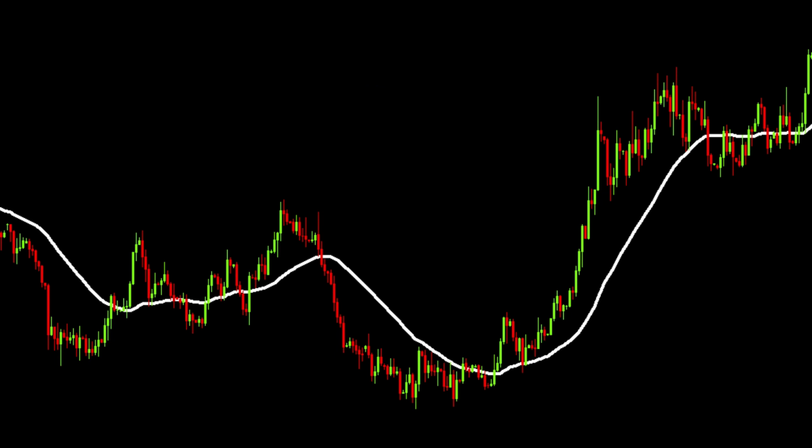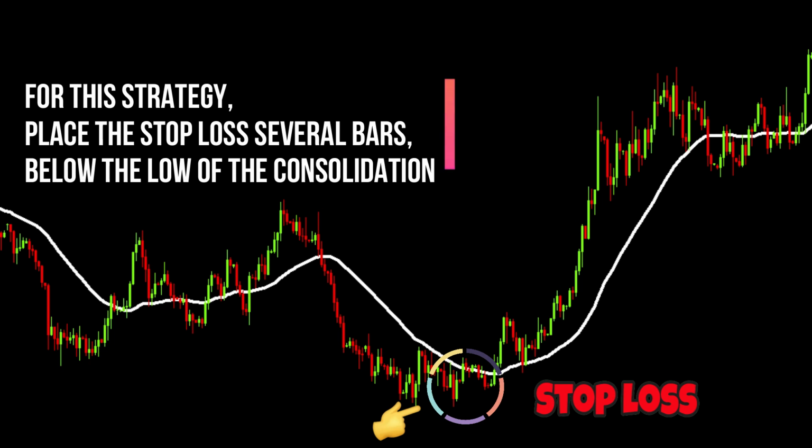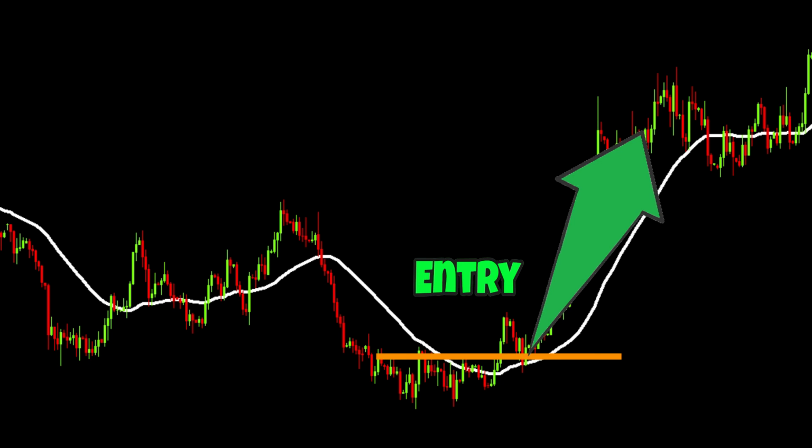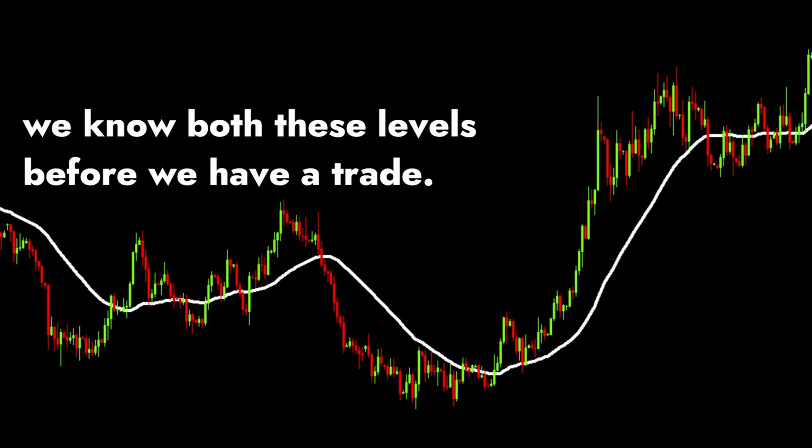For a long position, a stop loss is an order to sell if the price reaches a specified price or below. For this strategy, place the stop loss several bars below the low of the consolidation if going long. Since the price must form a consolidation and our entry and stop loss are based on that consolidation, we know both these levels before we have a trade.